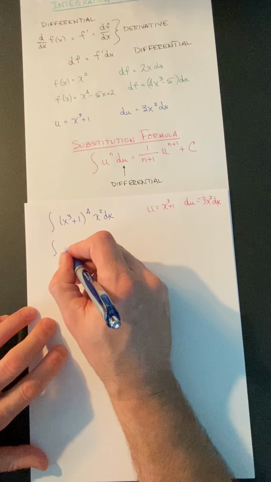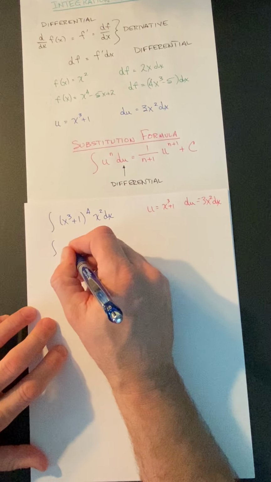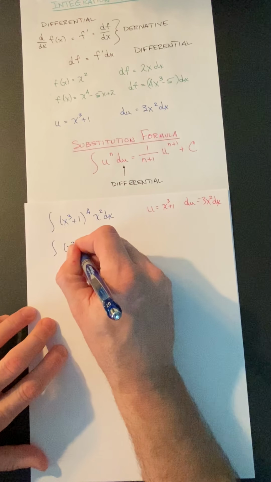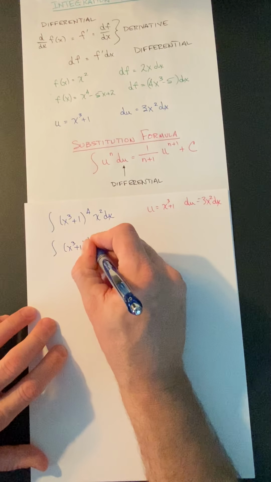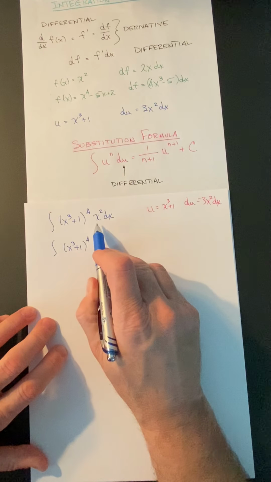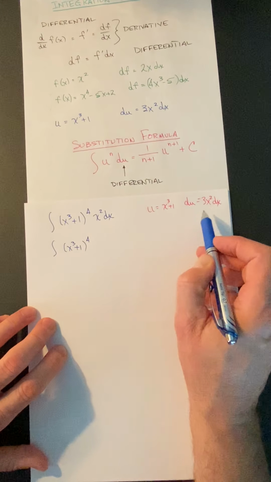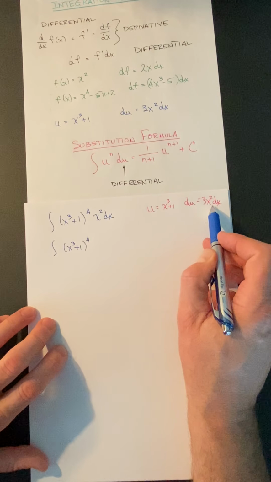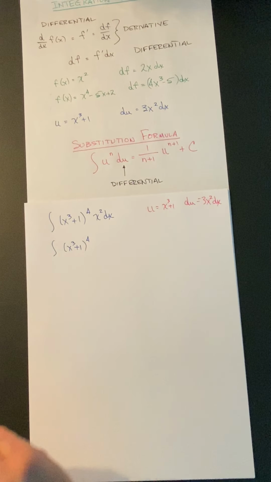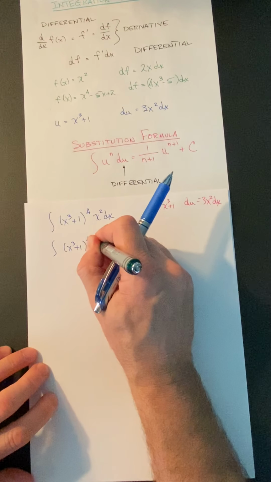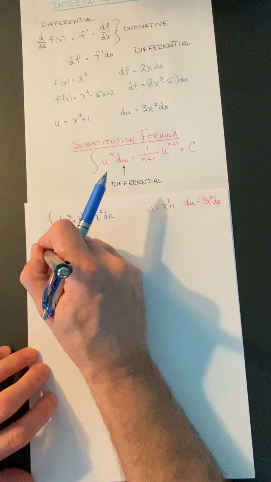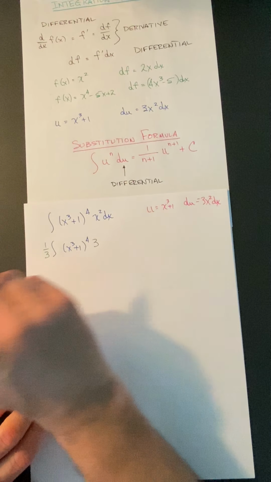So let's go down here to our formula and say, all right, I'm going to have the integral of x cubed plus 1 to the 4th power. I'm thinking this might have been my du. Okay, it's very similar, isn't it? So I'm going to put a 3 in here, and I'm going to use its reciprocal out there.